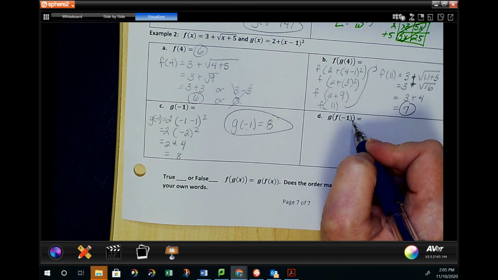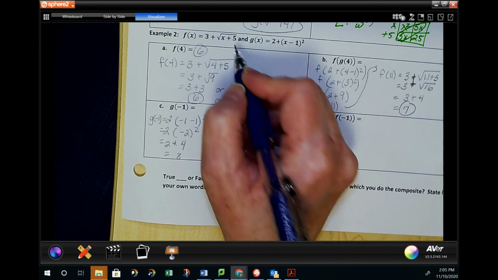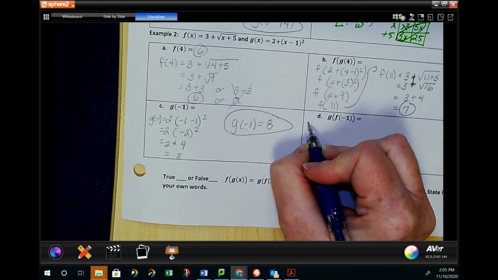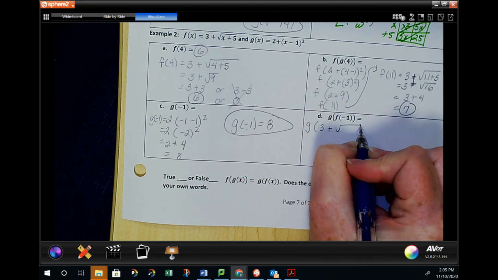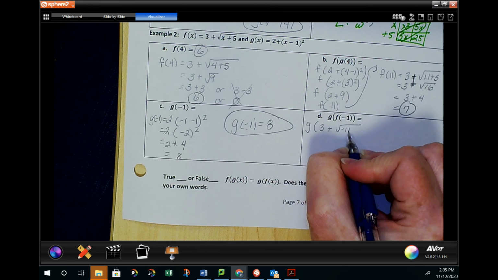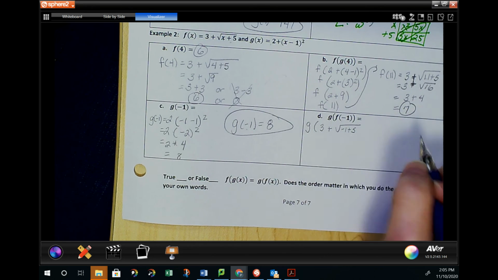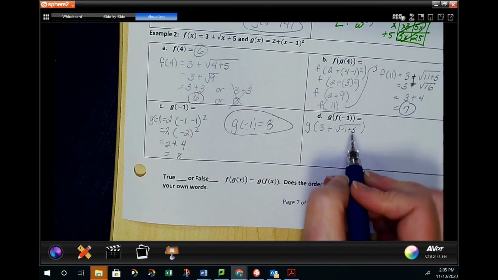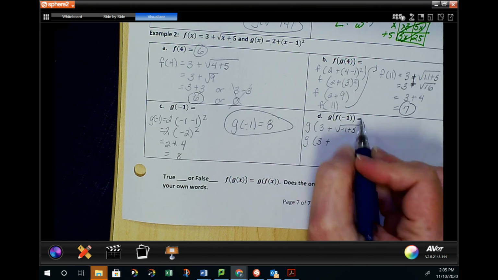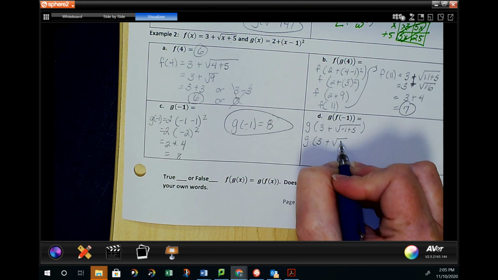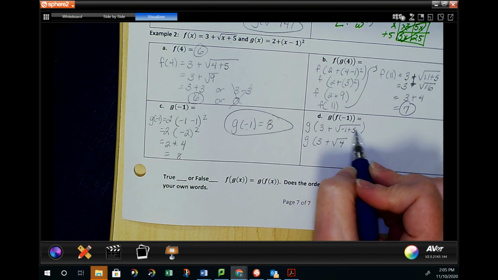Okay, we're going to substitute in negative 1 for f first. So now g waits its turn. Now we're going to have 3 plus the square root of negative 1 plus 5. Negative 1 plus 5 ends up being 4.